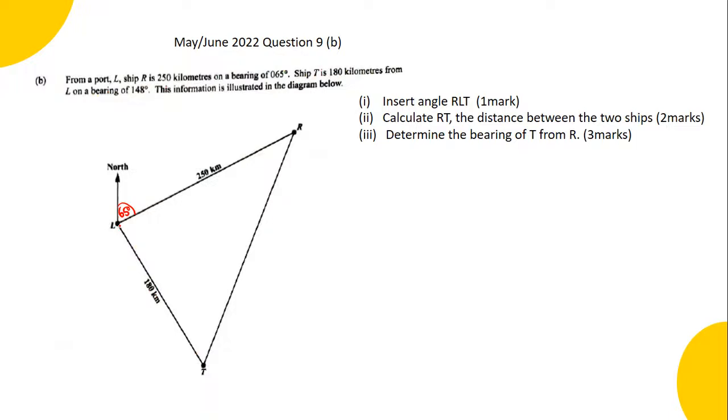They said from L, so wherever they say from, that's where we are starting. So it's from L to T, they are making a bearing of 148 degrees. So this entire thing here, all the way down to T, the total bearing is 148 degrees.